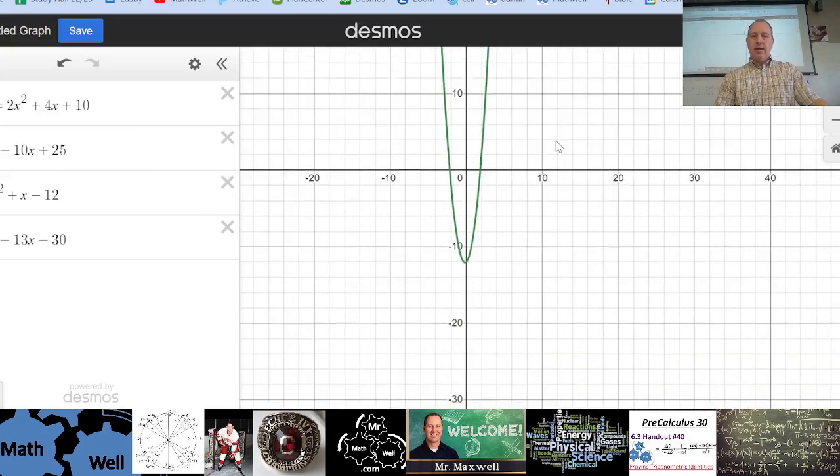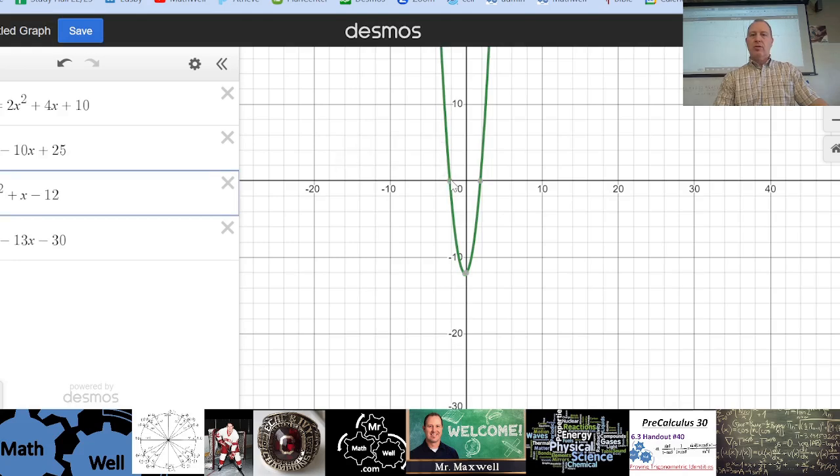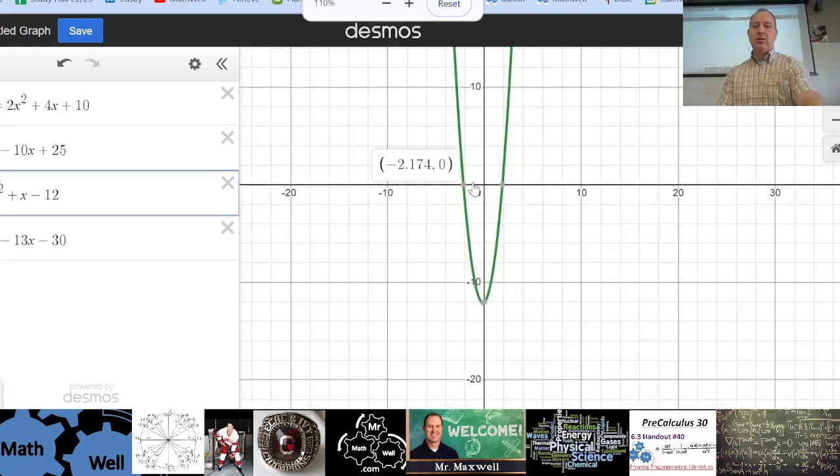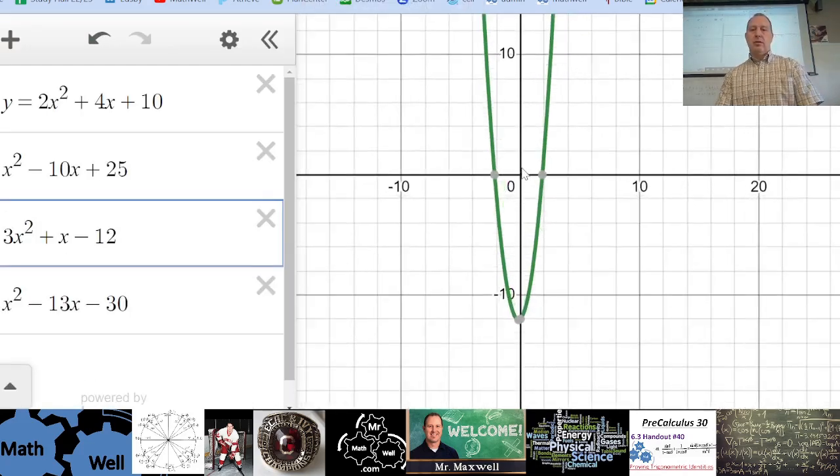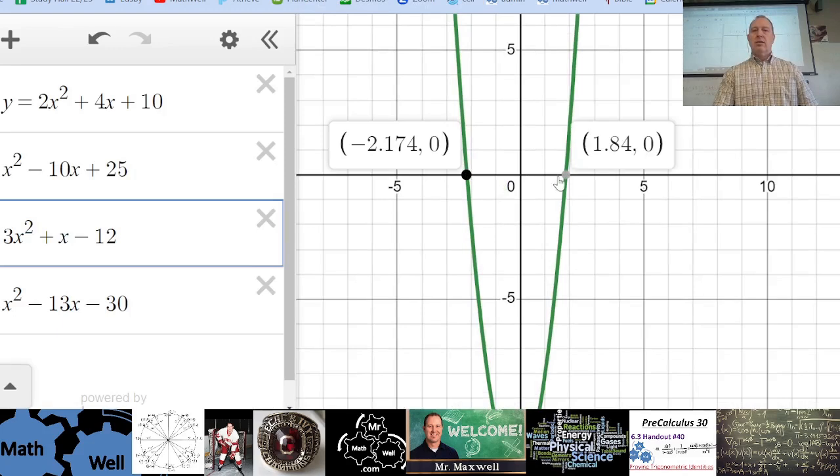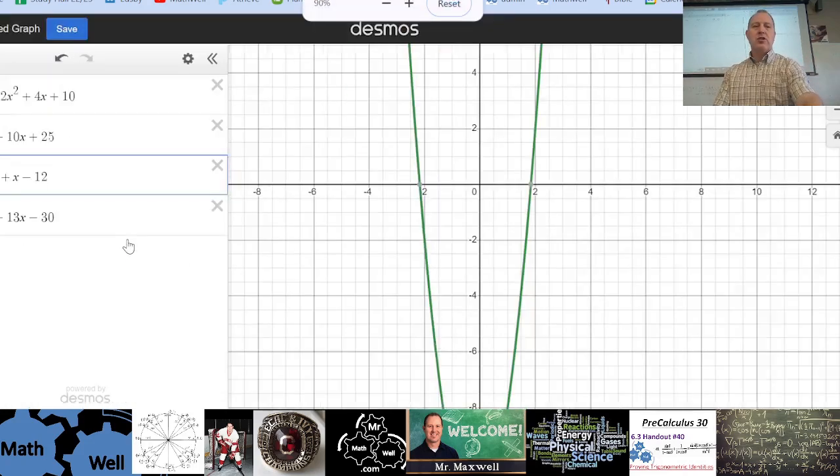There's the graph right there. And as you can tell, there are 2 roots. They're not integers, they're not whole numbers, right? They're decimals, so that's not going to be easy to factor. You can't factor that by sight. The only way you're going to get to these solutions is using now the quadratic formula. So many quadratic equations are like this now.